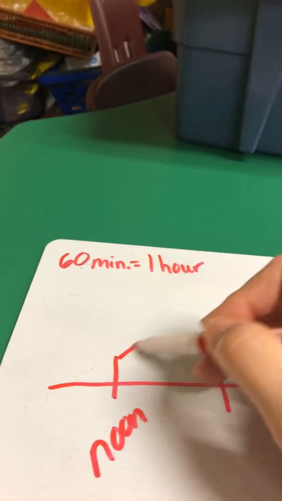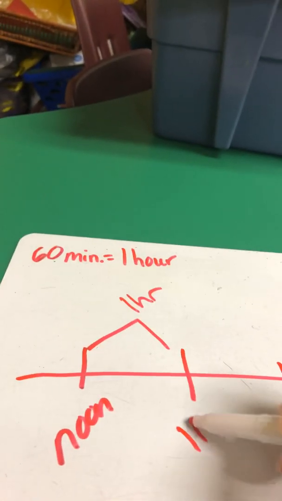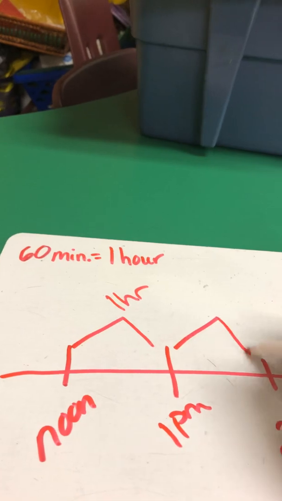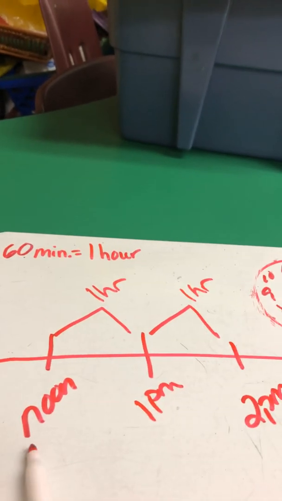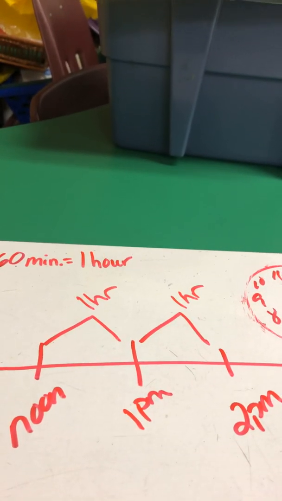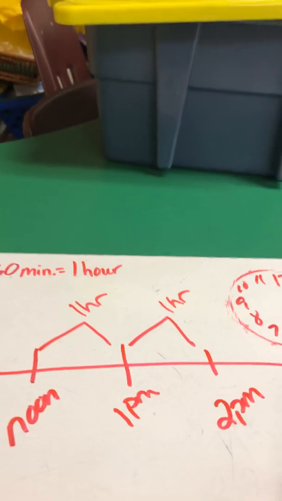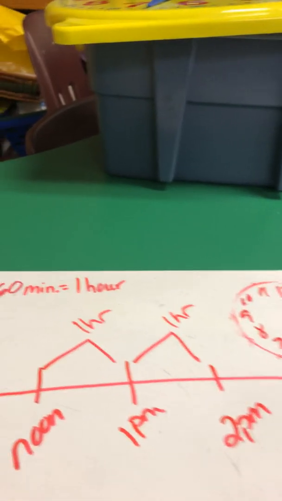Well, I know that it's 1 hour from noon until 1, and another hour from 1 until 2. So how many hours is it from noon until 2? 1, 2. 2 hours. So my timeline comes in handy with that also. It's going to come in handy going backward also.